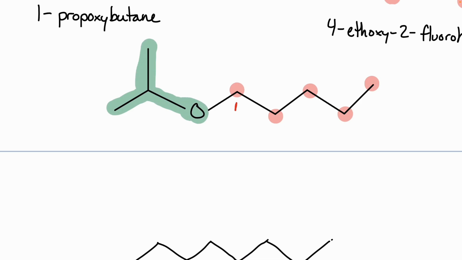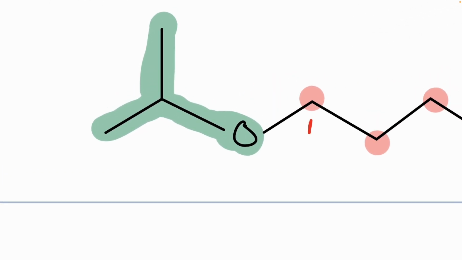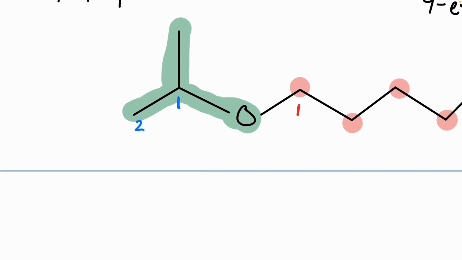Without this extra methyl group on there, this would be an ethoxy group, right? Now that I have that extra methyl group on there, I'm going to number this substituent. You're always going to start with carbon 1 being bound to that oxygen. So this group right here would be a 1-methylethoxy group, in parentheses.